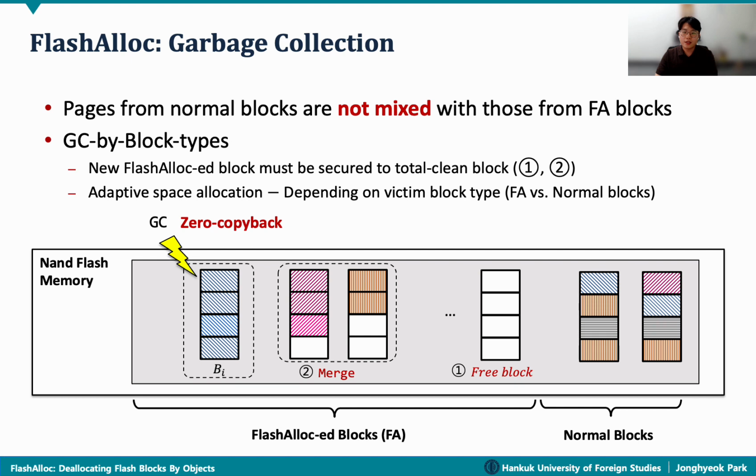For this, we introduced the garbage collection by block type scheme. While selecting victim blocks, flash alloc makes sure pages from normal blocks are not mixed with the flash alloc block. So this scheme adaptively allocates space depending on victim block type, flash alloc block or normal block.